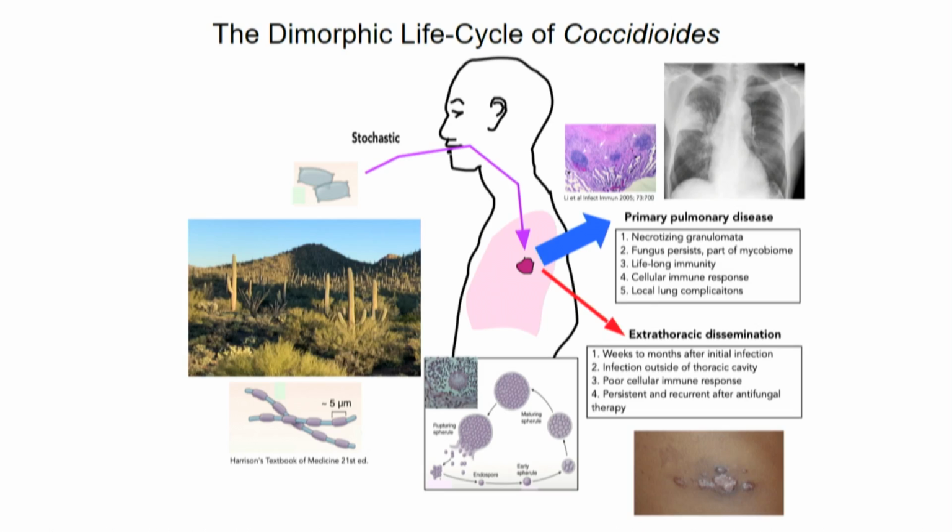Patients do what we call extrathoracic dissemination. The fungus shows up clinically outside the thoracic cavity, and that has been typically associated with a poor cellular immune response and generally occurs weeks to months after that initial infection. This results in failure to control infection and often requires antifungal therapy and prolonged follow-up.